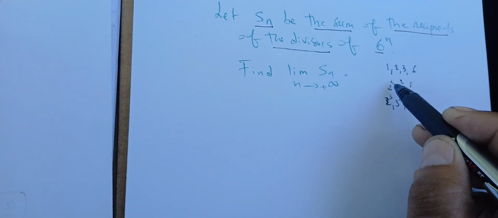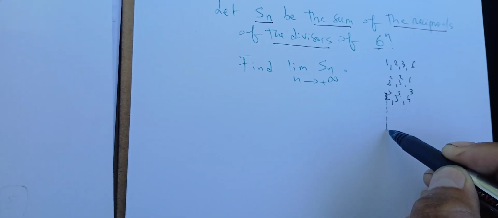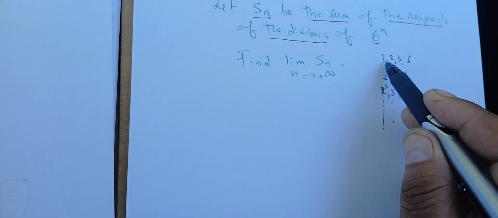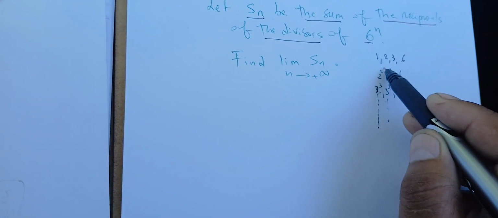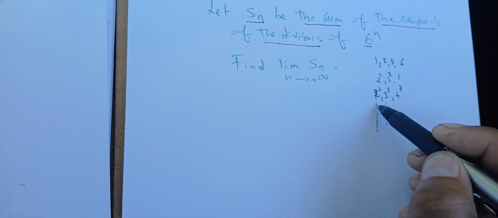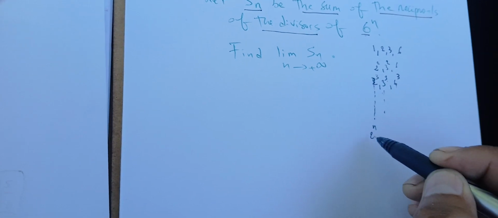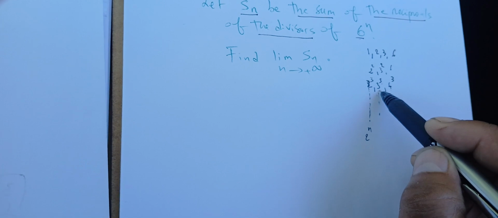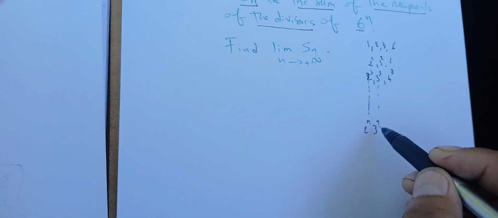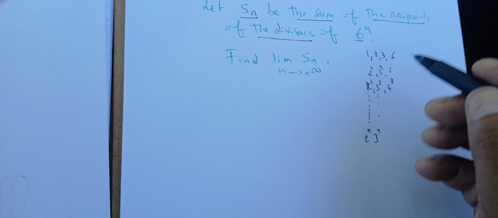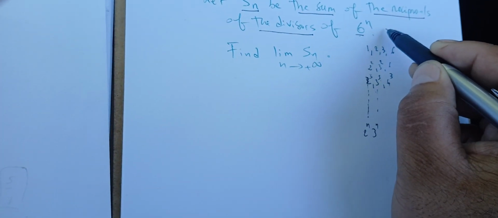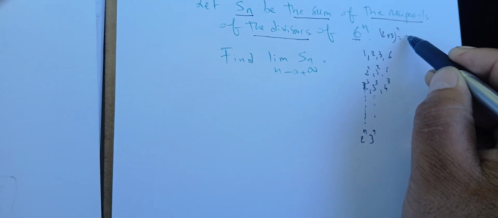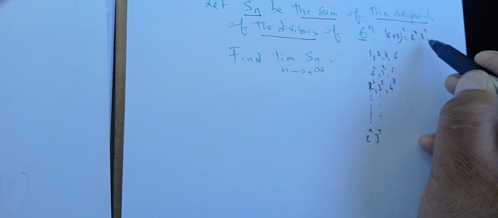We can see that we have a bunch of divisors for 6 to the power n. We have 1, 2 to the power 1, 2 to the power 2, 2 to the power 3, 2 to the power 4, until 2 to the power n. And also we have 3 to the power 2, 3 to the power 3, and so on, until 3 to the power n. Remember, we can write 6 to the power n as 2 times 3 to the power n, which is 2 to the power n times 3 to the power n.